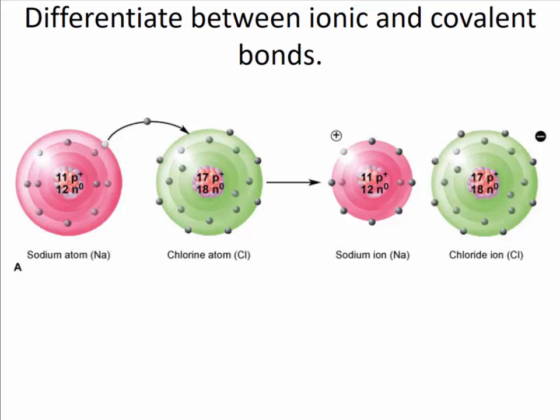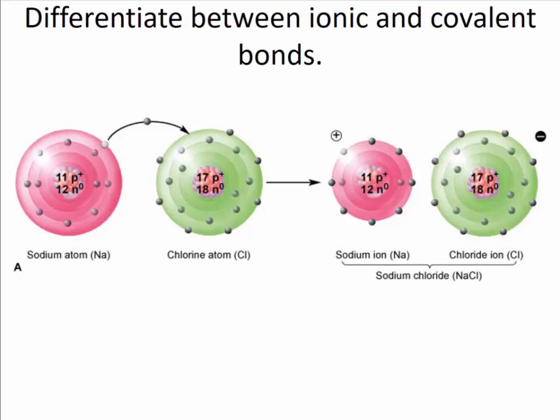In the end, as we've discussed, the sodium becomes positively charged and the chloride becomes negatively charged. So what ends up happening is that the positively charged sodium ion is attracted to the chloride ion that's negative, and vice versa. This is an example of an ionic bond, where we have gain and loss of electrons forming ions that are then attracted to each other because they now have opposite charges.